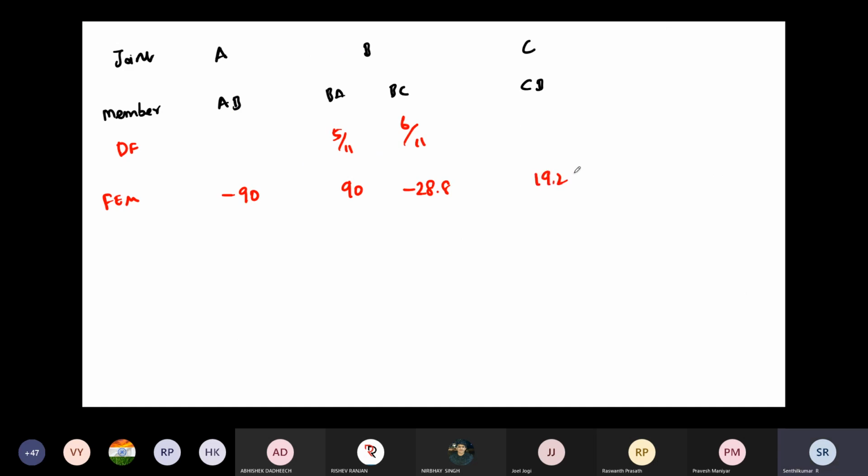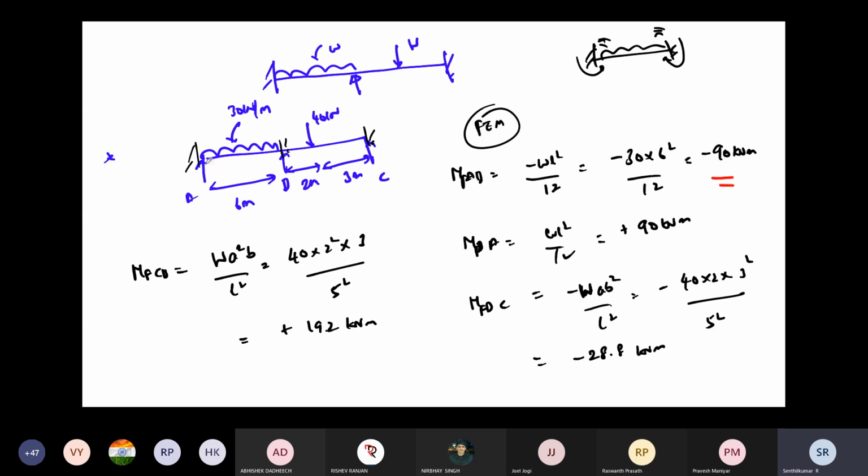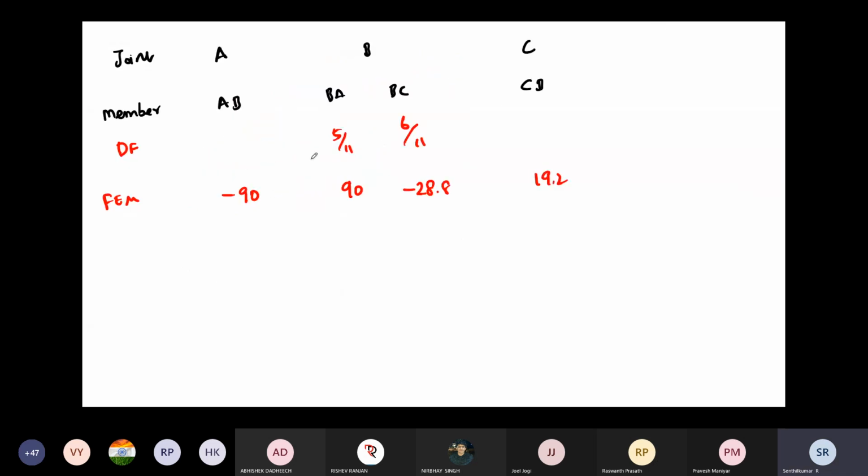Here, these are the initial moments we have, but we know that at a pin support, what is your moment? 0, right? But we are having some moment here.